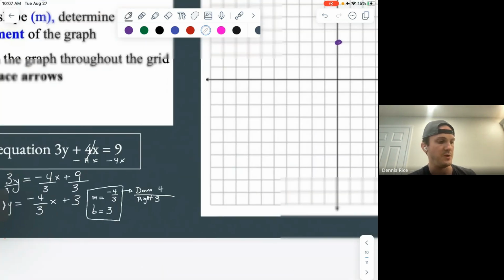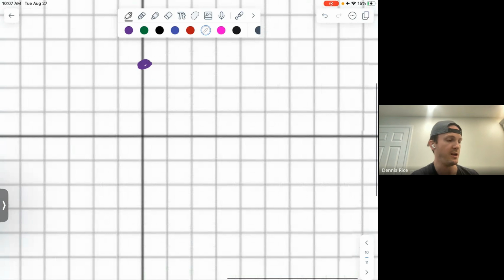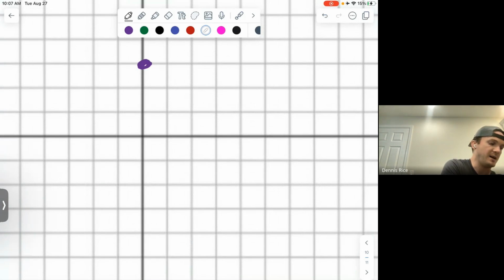And I could do this multiple times. Starting at where I put that purple dot, I'm going to go down 4 and right 3. So 1, 2, 3, 4. Some people put a little slash. Don't just hold your pen above that. So down 4, and right 3.